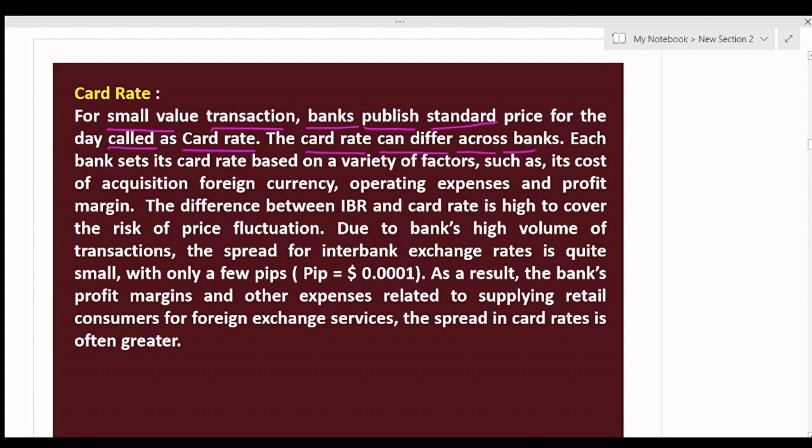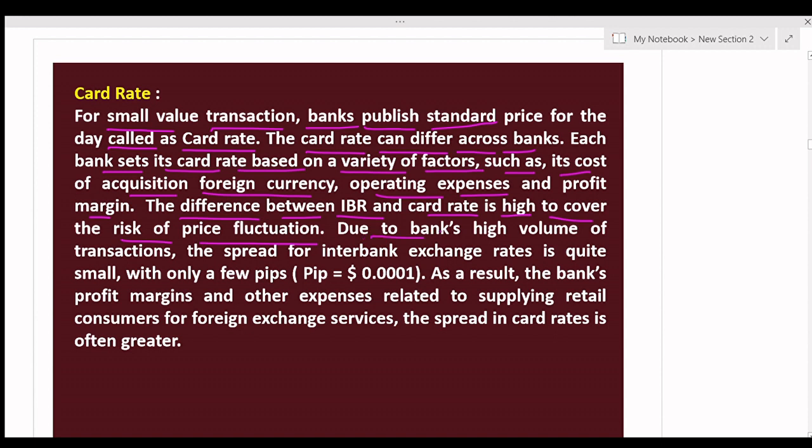Each bank sets its card rate based on a variety of factors such as the cost of acquiring foreign currency, operating expenses and profit margin. The difference between the IBR and card rate is high to cover the risks of price fluctuation.